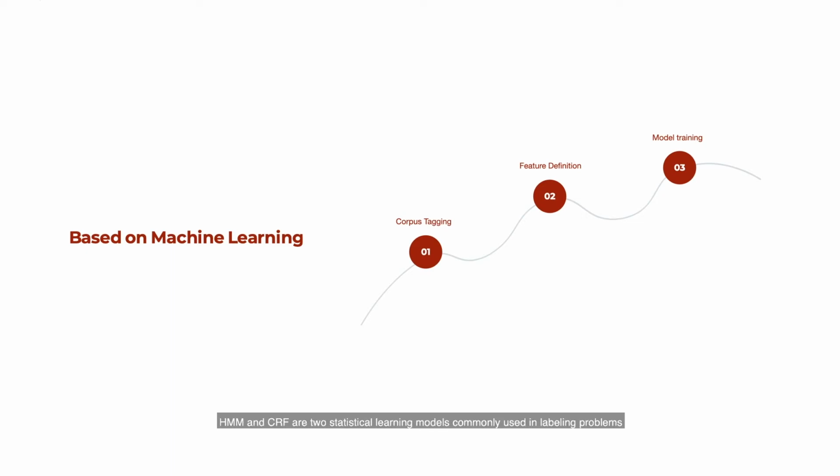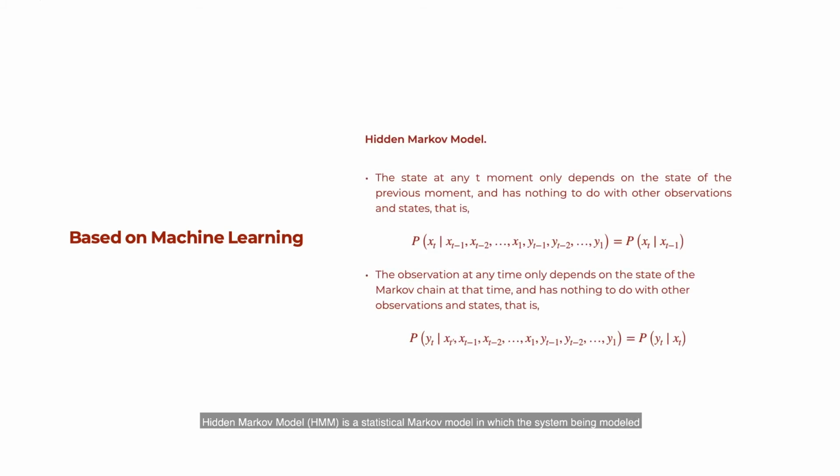HMM and CRF are two statistical learning models commonly used in labeling problems, and they are also widely used in NER problems. HMM is a statistical Markov model in which the system being modeled is assumed to be a Markov process. For example, your goal is to predict what your friend will do tomorrow.